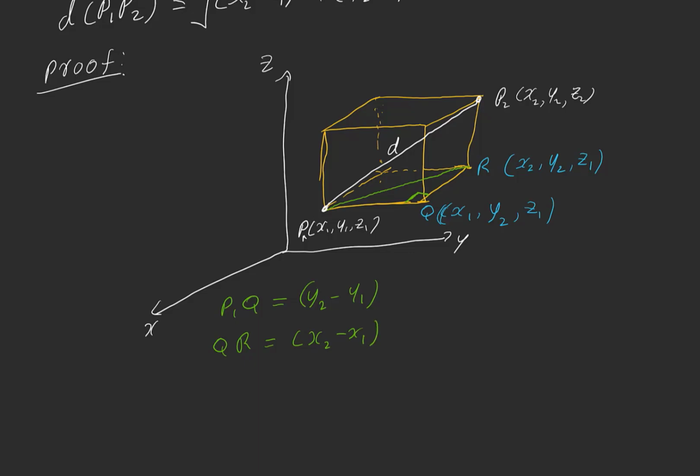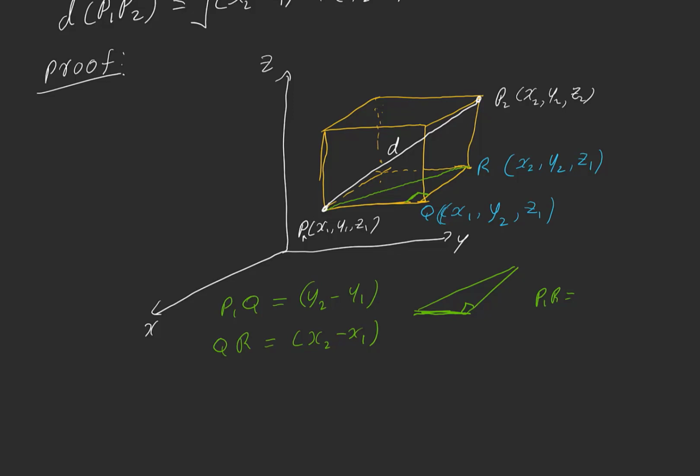Now consider the triangle P1QR again. Let me draw here. Actually this is just a triangle now, like this. This is P1QR, and this is 90, right? Then how do we find the P1R distance? If this is 90, we can use the Pythagorean theorem.